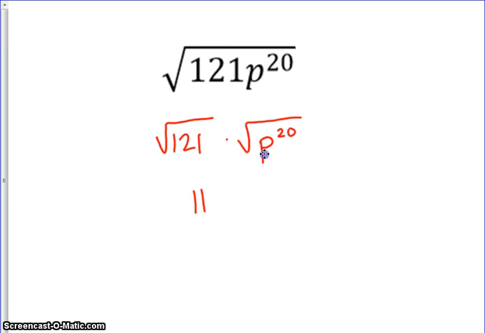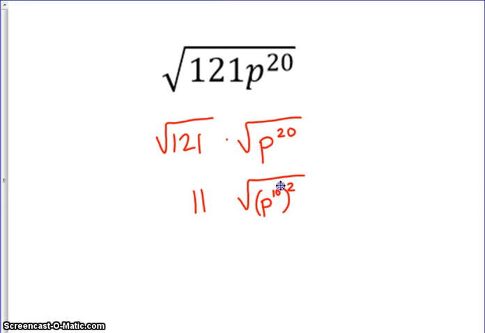Now we have the square root of p to the 20th power. I can actually break this up to p to the 10th power raised to the 2nd power. And what we know about square root and the 2nd power is that they are inverses of each other, so they go away.